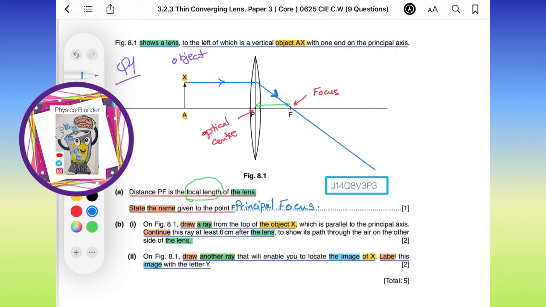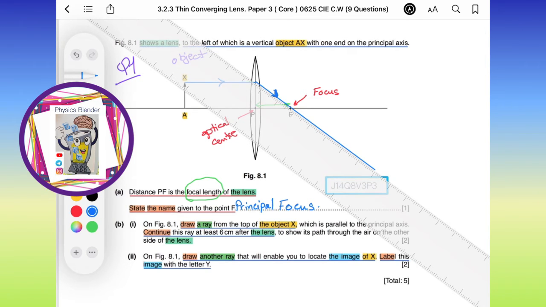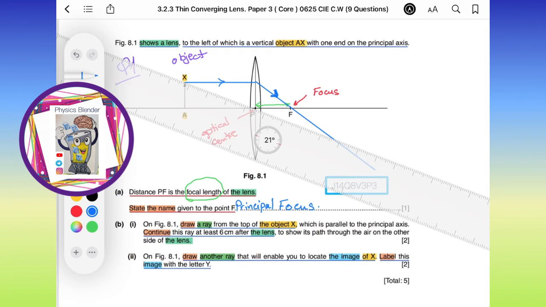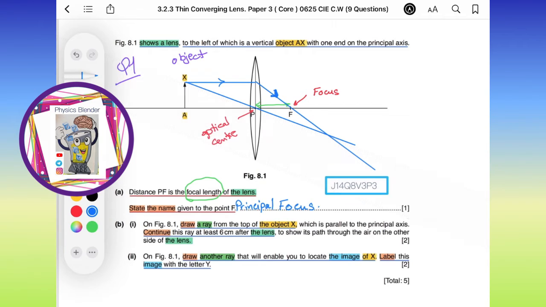Okay, we will draw the second ray. It will pass through the optical center and it will be undeviated.